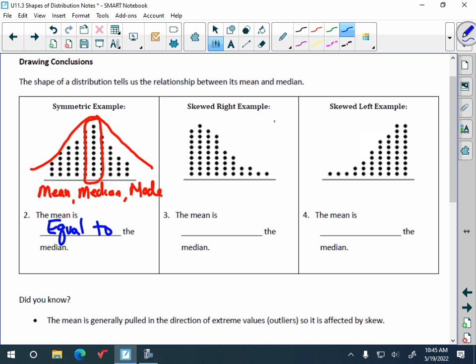Now on a right skewed distribution, okay, most of the data is on the left side, so this is where the median is located, generally. And then the mean is going to get pulled in the direction of the skew, so the mean will be on the right side of the median.